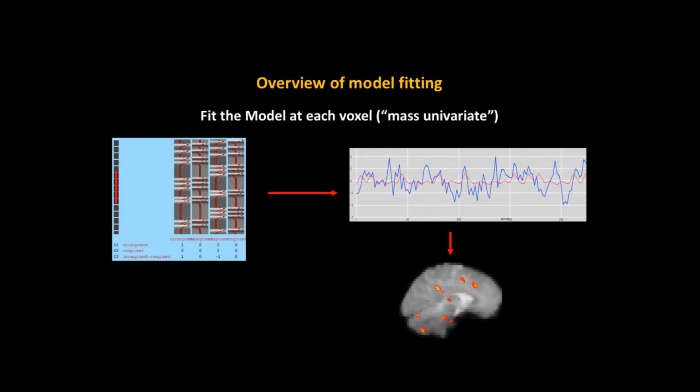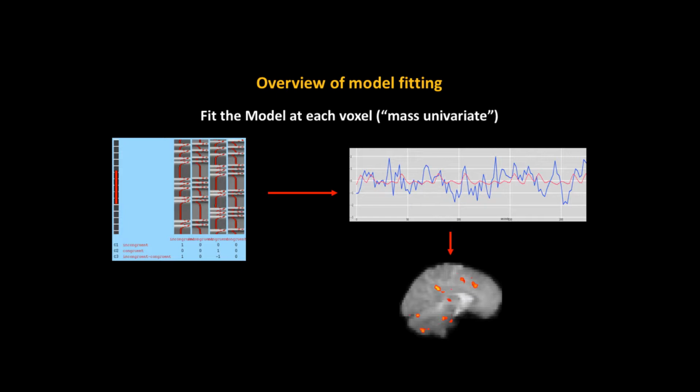Now, what this model looks like superimposed on this is in red. And what we see here is that the bumps for each of these conditions are modulated either up or down based on how it's going to best fit the data at this particular voxel.